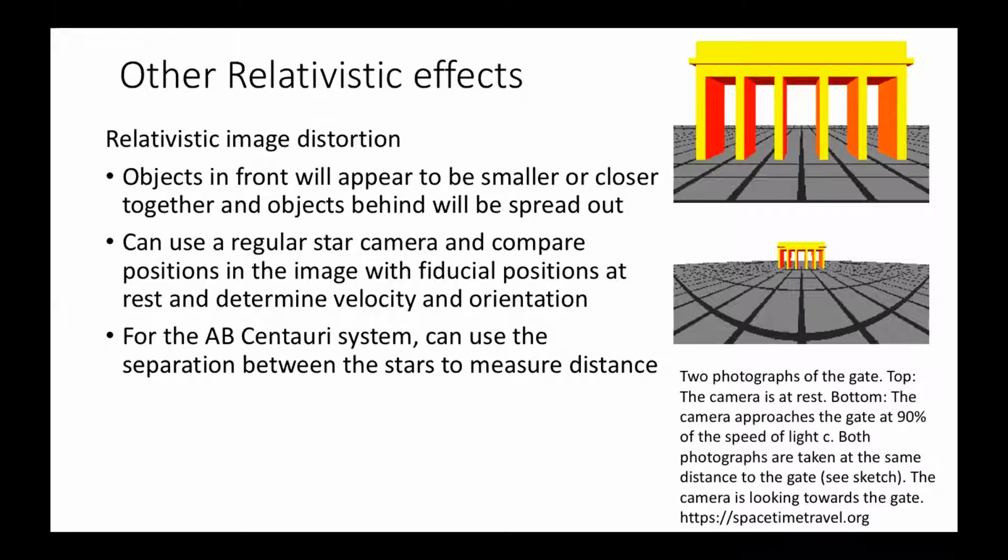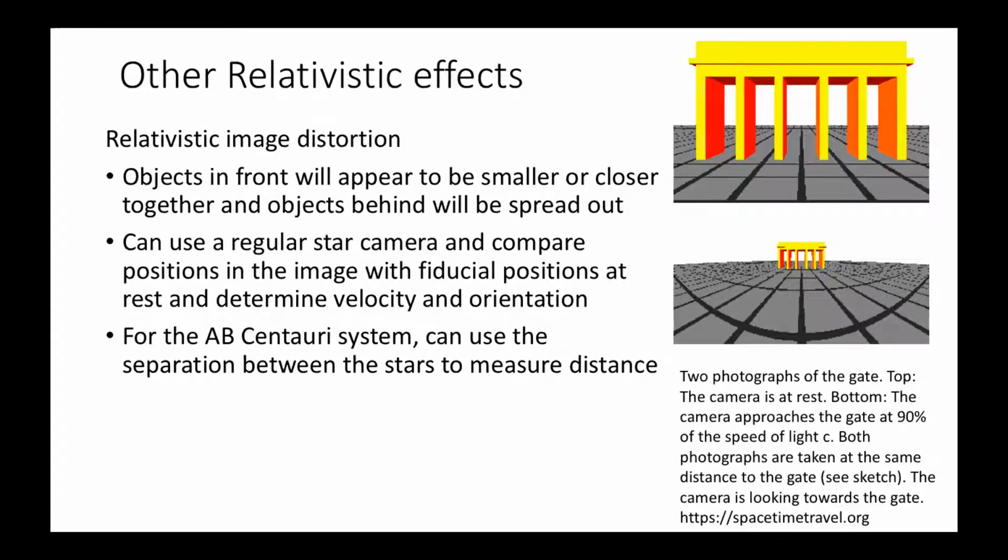And the way that this works is that if you are going at relativistic speeds, then a scene in front of you, in the direction you're traveling, seems to shrink in size, and the scene behind you seems to expand in size. This is just due to the way that light travels at a constant speed, independent of your own speed with respect to the scene that you're looking at.